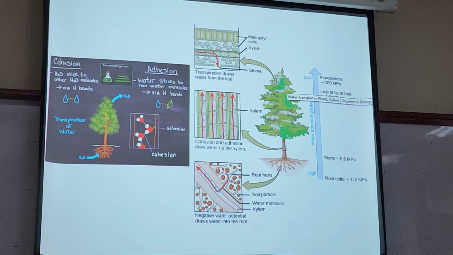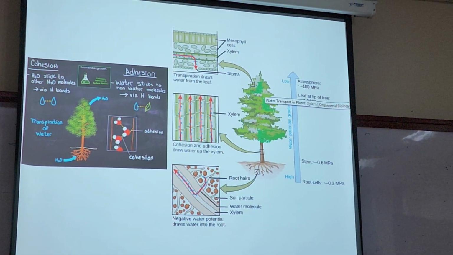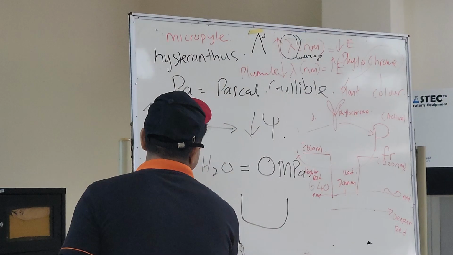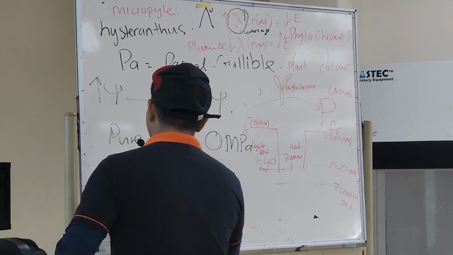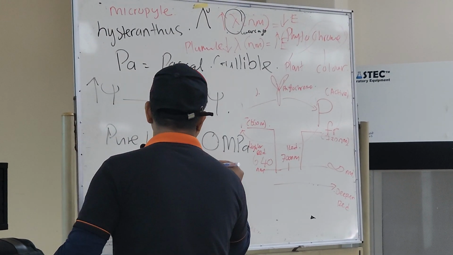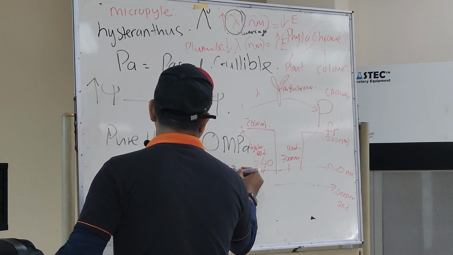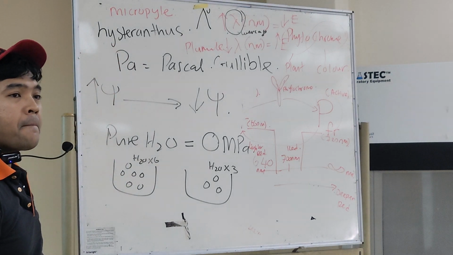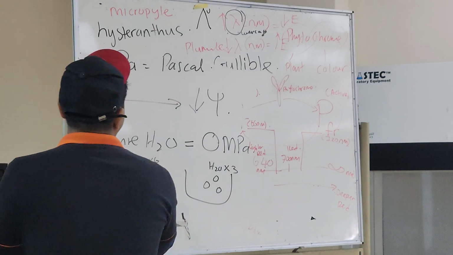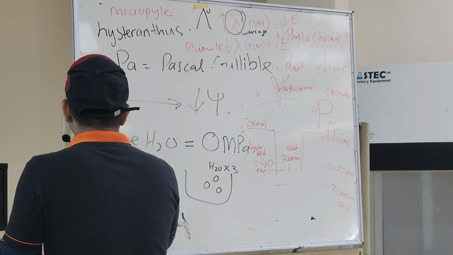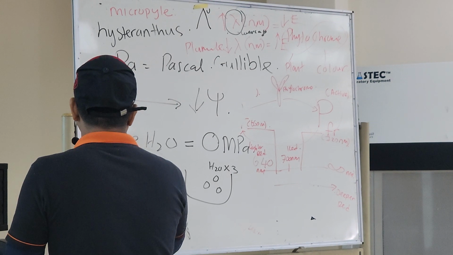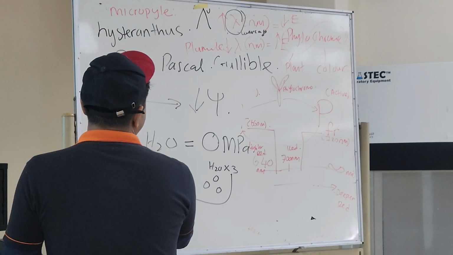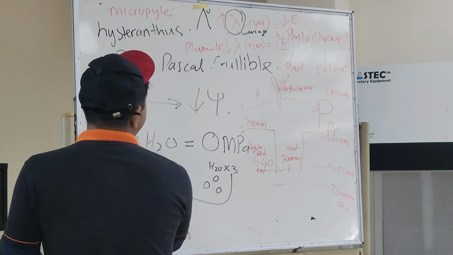When you have two systems, one has 3 H2O and the other has 6 H2O. Which system has more H2O? 6, right? So we call that this system has more water potential because it is filled with more water molecules.